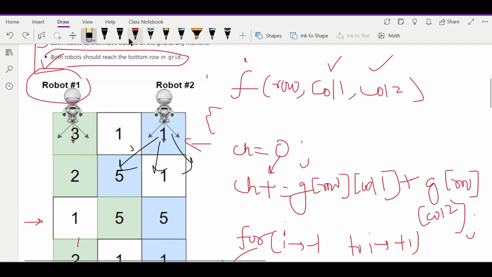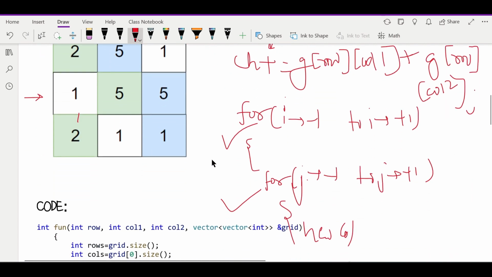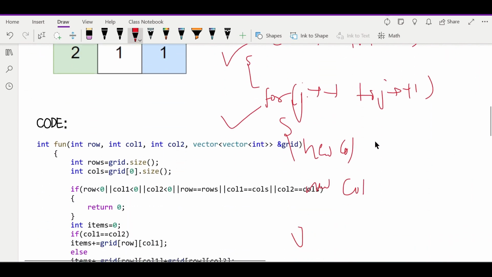And if robot 1 goes like this, again we have 3 possible movements for robot 2. Which means there are 6 possible movements made by robot 1 and robot 2. That's why we have taken a nested loop. And how would we calculate new column 1 and new column 2? By just adding i to this and adding j to this.